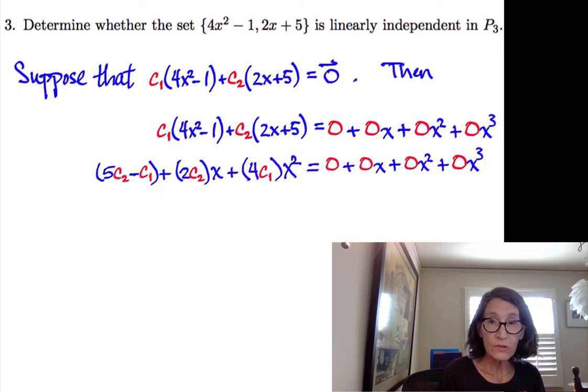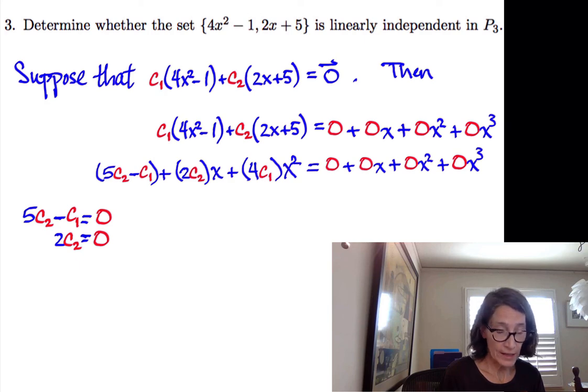All right, and so now we want to find out what c1 and c2 have to be. Let's equate the corresponding coefficients. So 5c2 minus c1 has to be 0, because on the right the constant term is 0. The coefficient of x also has to be 0, because the coefficient on the right is 0.